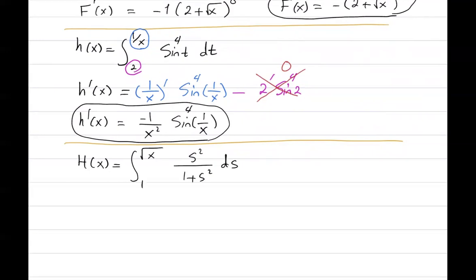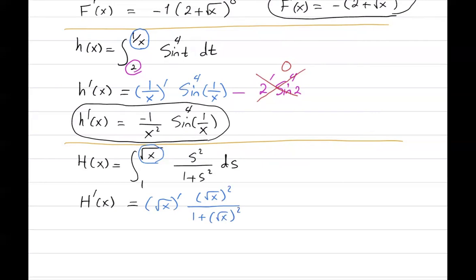No one's stopping us. H prime of x is equal to, you take the upper bound, find its derivative, do the substitution. Well, for substitution, I need a little bit more space. Here you have square root of x to the second divided by 1 plus square root of x to the second.